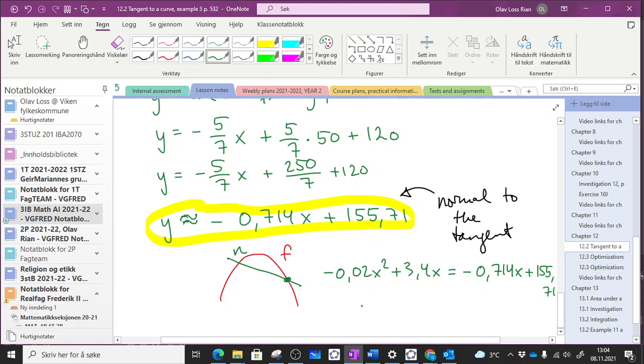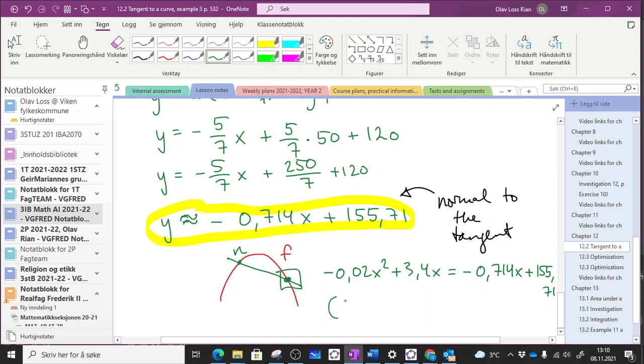And solving this equation will give us the x value of the intersection point. And you're better off with a graph solution on this one. So find the two solutions. There's going to be two solutions, one here and one here. And this is the one we're interested in now.